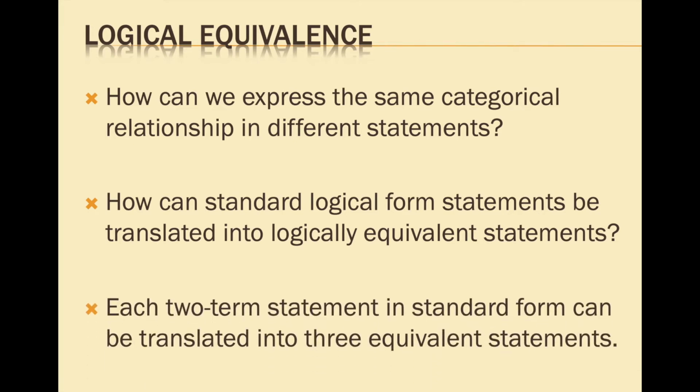We know that each two-term statement in standard form can be translated into three equivalent statements, which would give you, of course, in the end, four altogether: the original statement and three logically equivalent statements. So there are three different operations that we can use to create a logically equivalent statement.